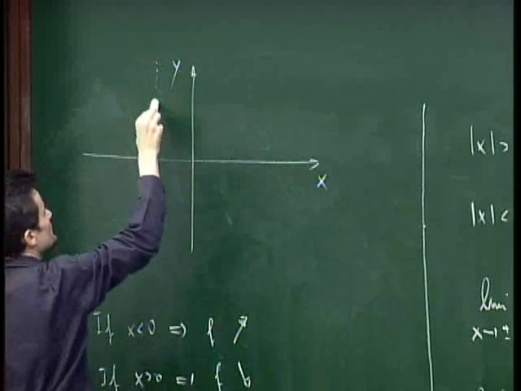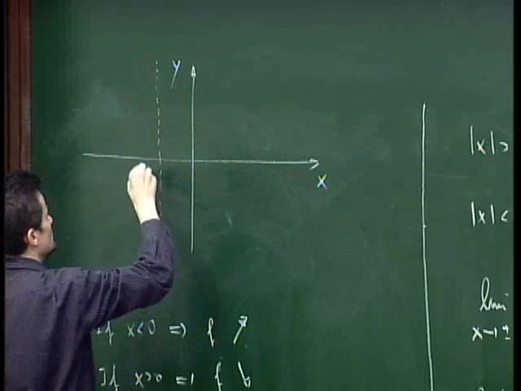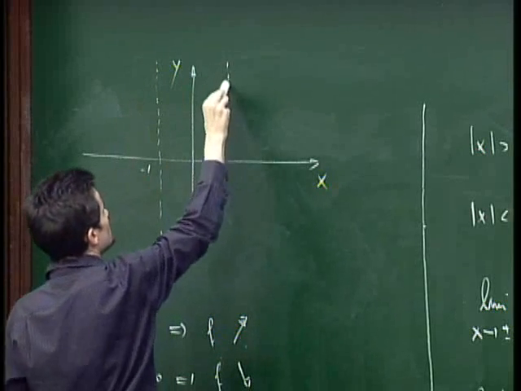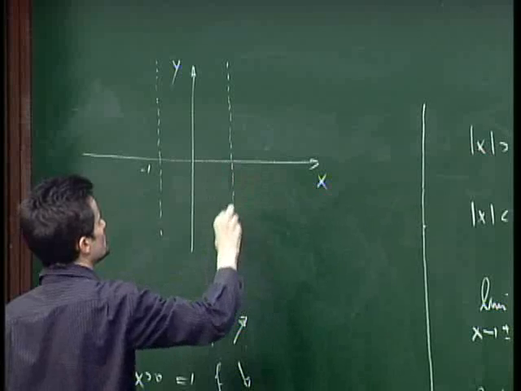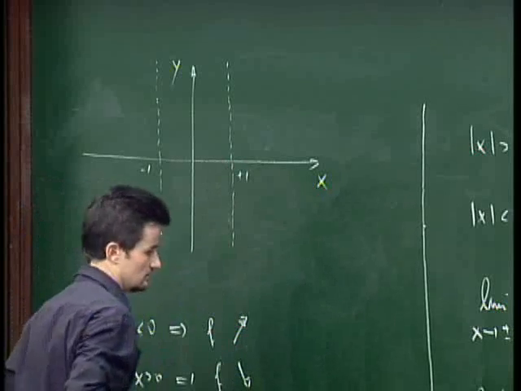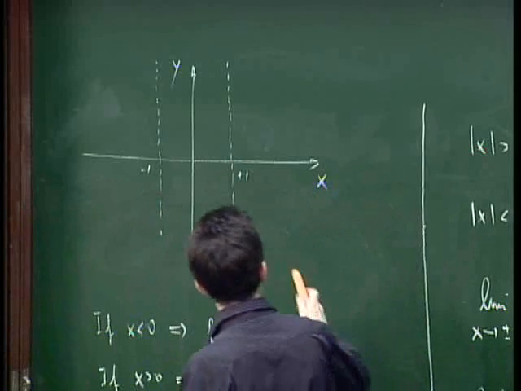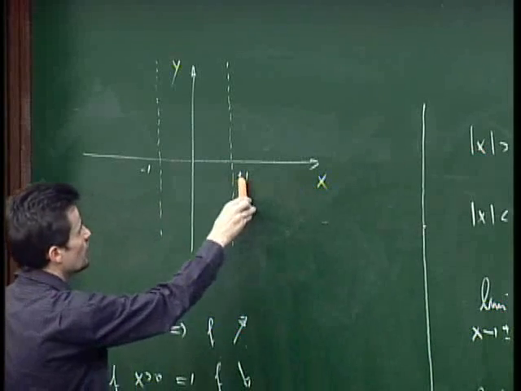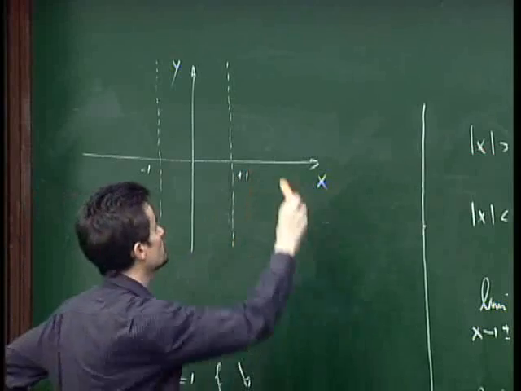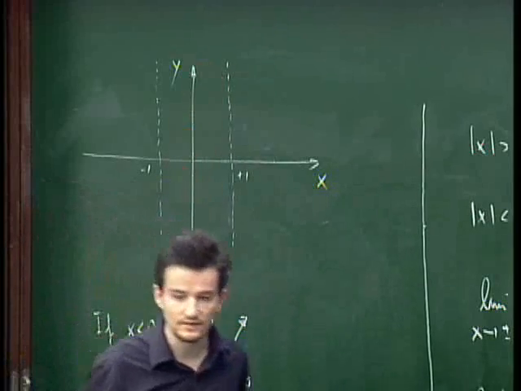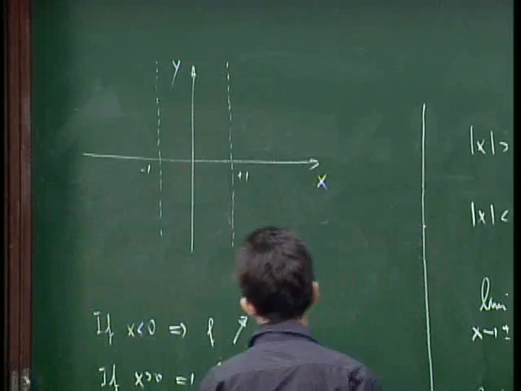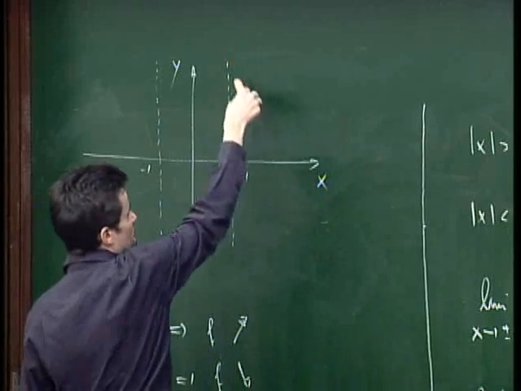So this is normally the first information we are going to plot. Okay, so we have here minus 1. We have here plus 1. We see that if x tends to 1 from the right, we are going to plus infinity, and we know that the function here is always decreasing, so it must look like this.